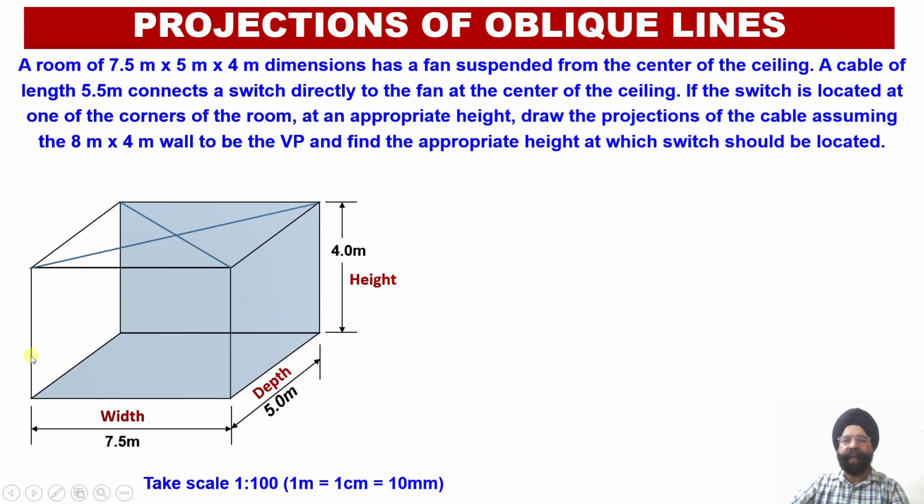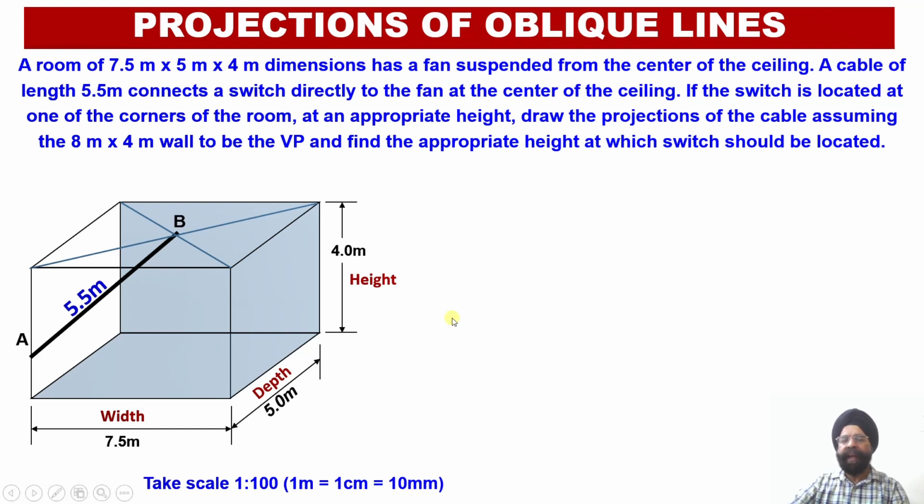So this way we have to first of all draw the orthographic projections of this room, and then we have to locate the projections of this particular cable in the front view, that is A dash B dash, and the projections of this cable in the top view, that is AB.